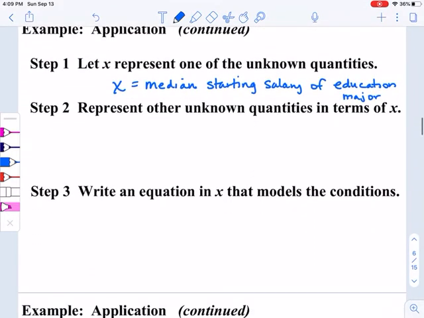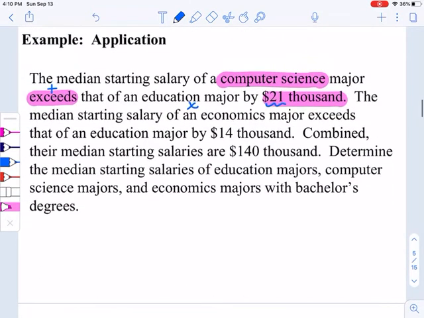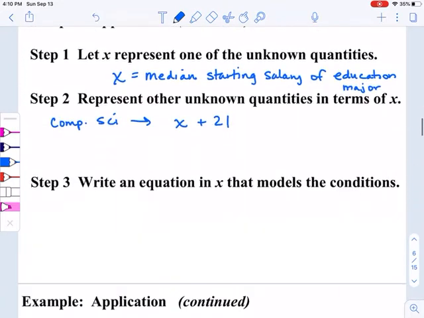So computer science, I'll call it comp sci, is going to be x plus 21. The other one we have is the median starting salary of an economics major, which exceeds the education major by 14. So again, economics, we'll call it econ, is going to be whatever the education major is, but 14 more. It says step 3, write an equation in x that models the conditions.